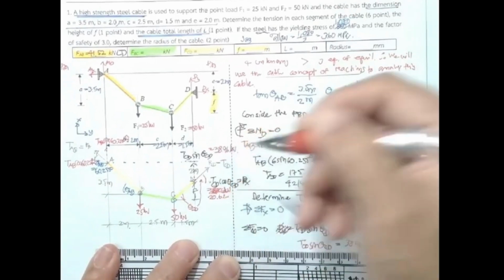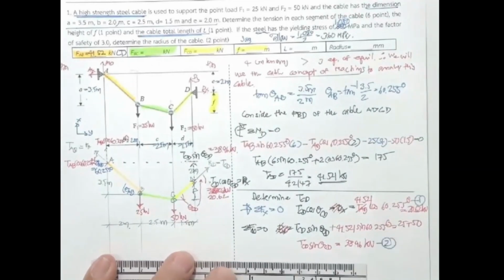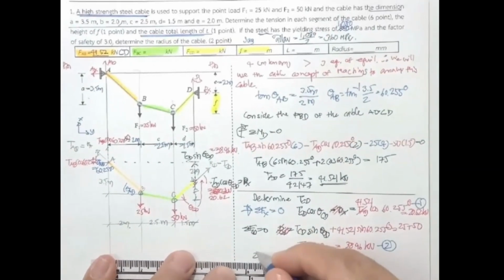Let's say this is equation number 1. This is equation number 2. You put number 2 divided by number 1.